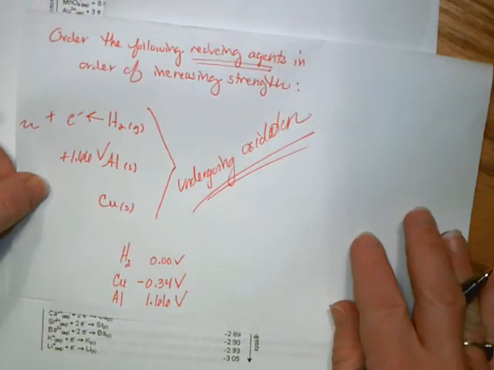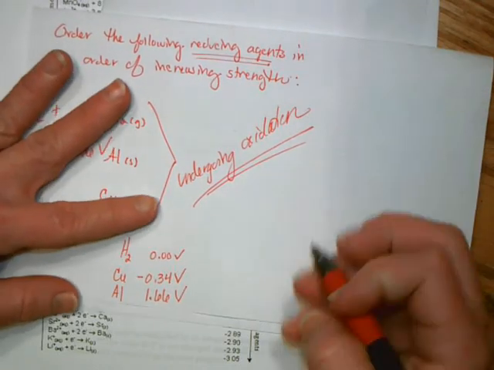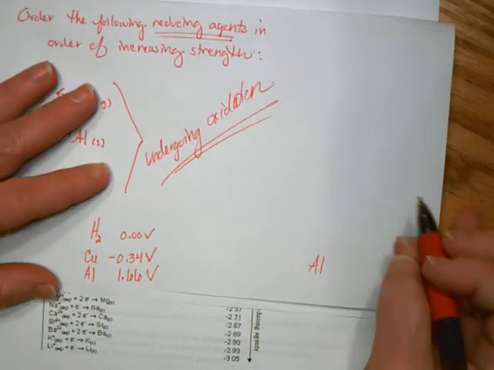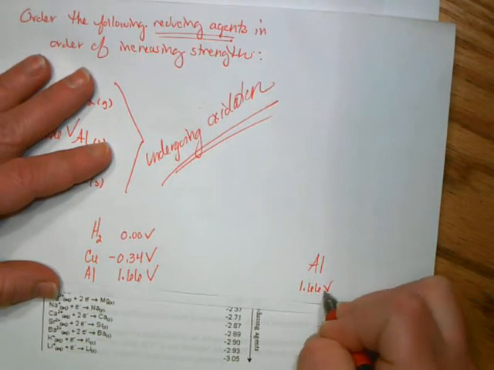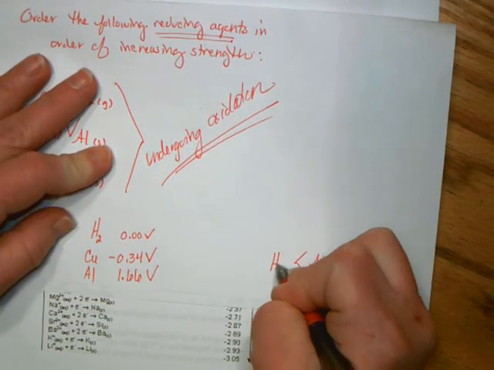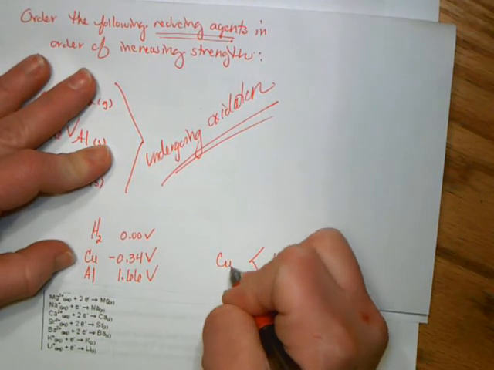So if we are ordering these in increasing strength, aluminum would be the strongest with the oxidation voltage of 1.66, then hydrogen being 0, then our copper.